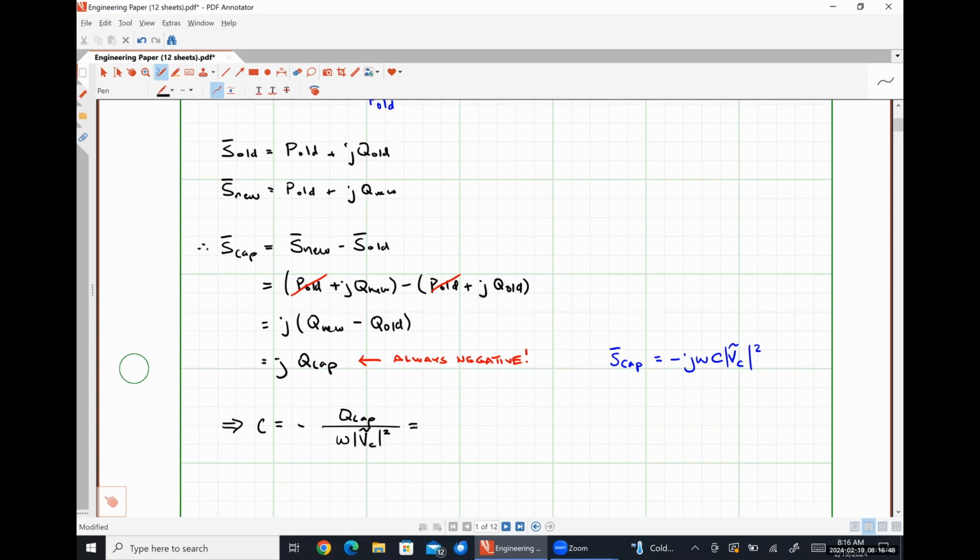And we can actually go one step further here, and we can express this in terms effectively of our current power factor and our target power factor. Right?